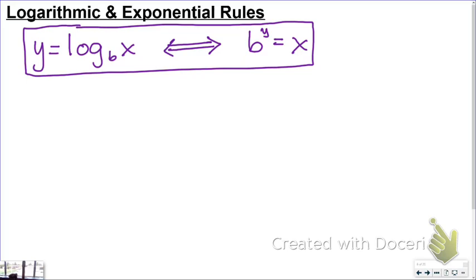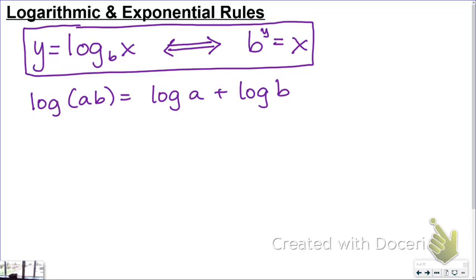Okay? Some other basic rules that you might use are the basic log rules. The log of a times b equals the log of a plus the log of b.